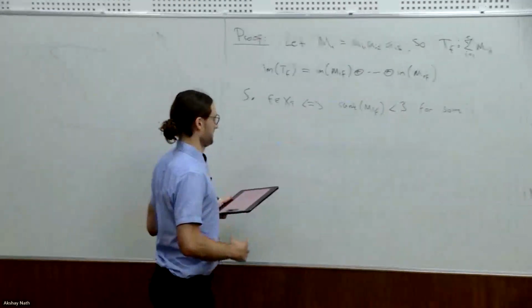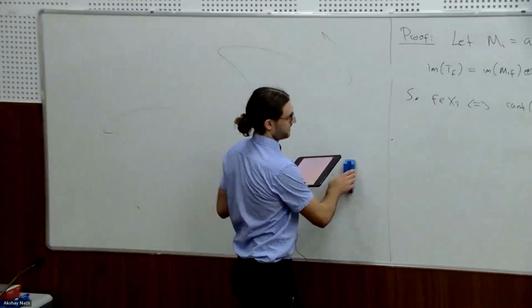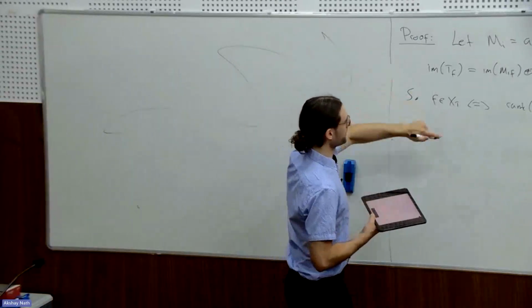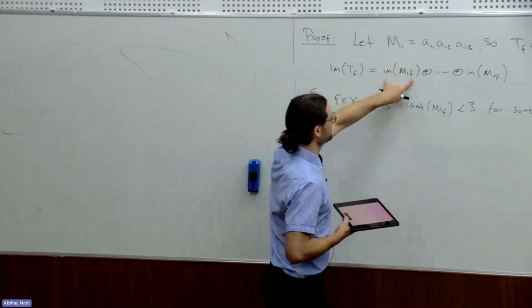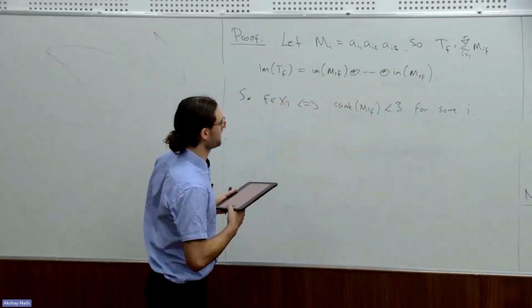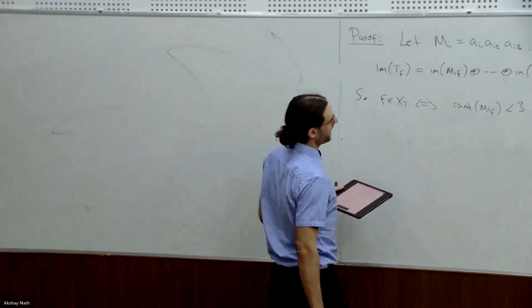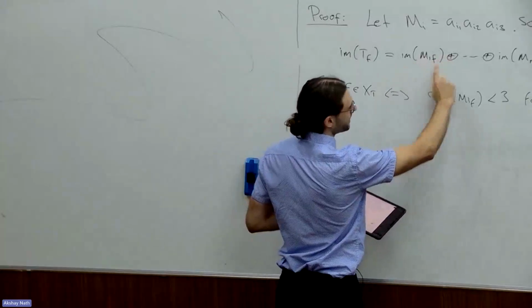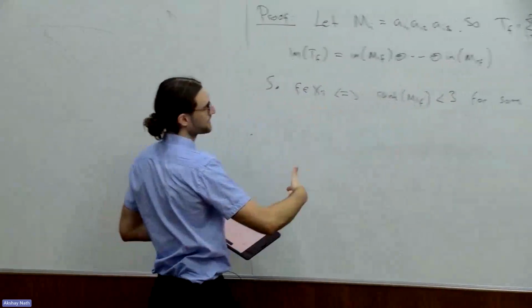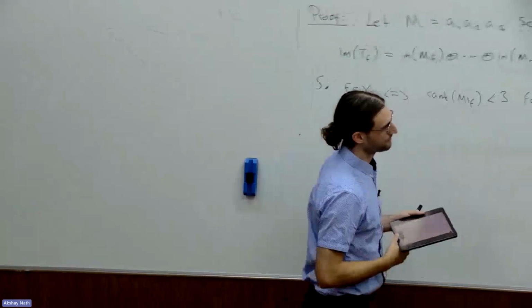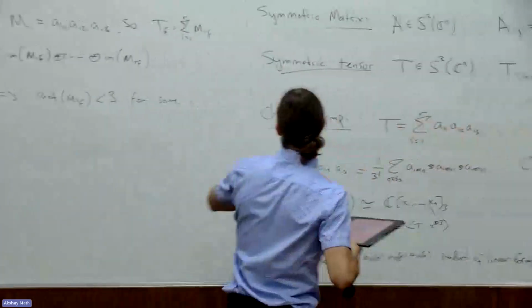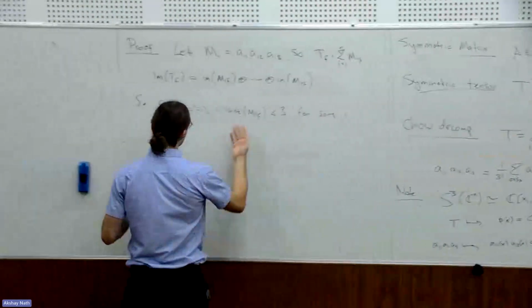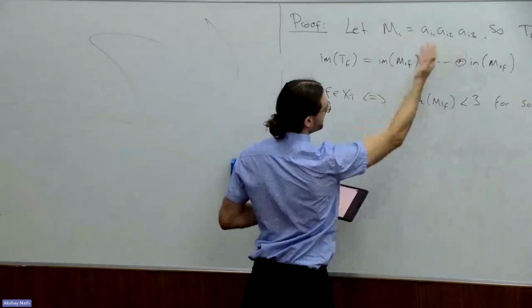So the rank drops if and only if, since these are supported on spaces in direct sum, the rank is the sum of the ranks of M_1 f through M_R f. The rank drops below 3R if and only if the rank of one of these drops below 3. Generically, it'll be 3.